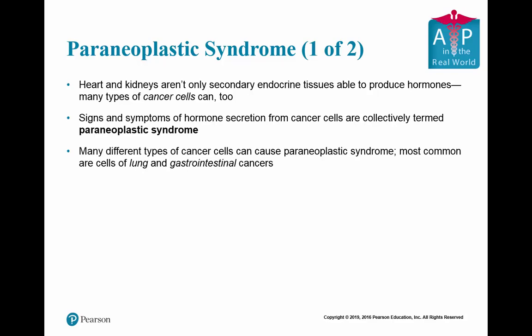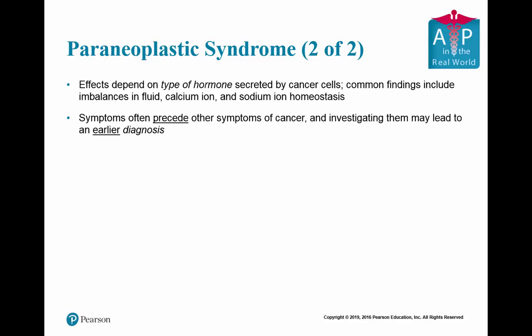The most common types of cancer that do this are lung and gastrointestinal cancers. The effects depend on what kind of hormone they secrete, but usually they cause imbalances in fluid and calcium ions and sodium ions. The symptoms sometimes precede the cancer diagnosis, so if we can diagnose it early, we might be able to treat it better.